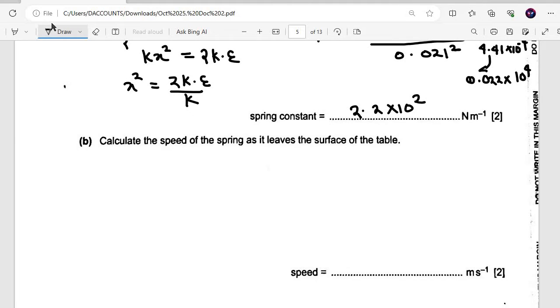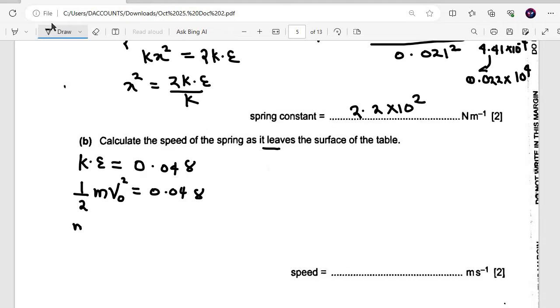The next question: calculate the speed of the spring as it leaves the surface of the table. It leaves with a kinetic energy of 0.048. It's easier. Kinetic energy is half mv squared, so half mv squared equals 0.048.